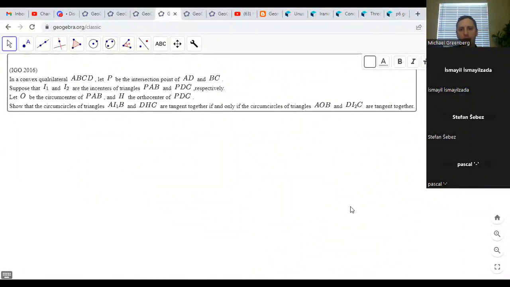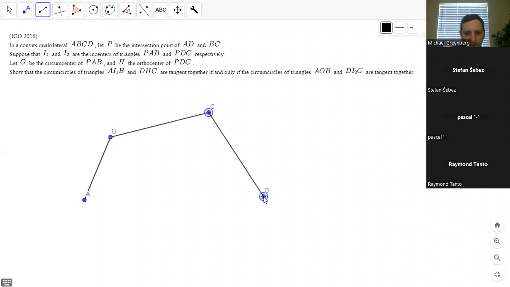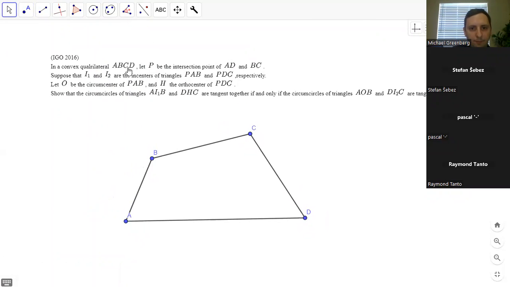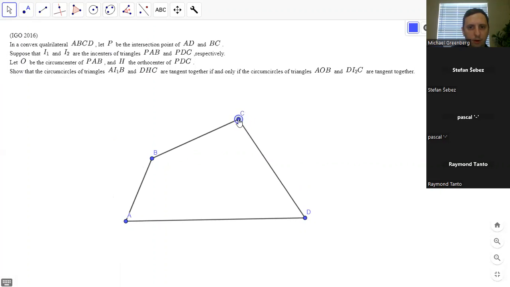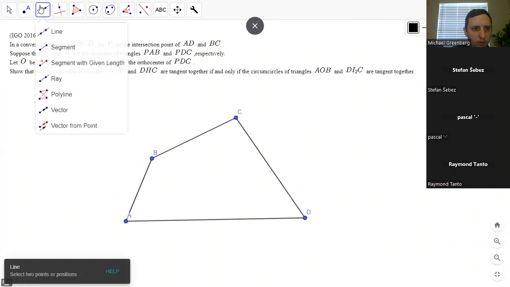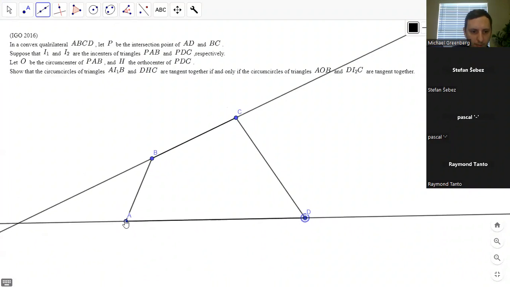This is from the Iranian Geometry Olympiad. So we have the quadrilateral ABCD, and P is the intersection of AD and BC. And we have two incenters. So this is like an if and only if problem. I'm not sure if we could draw an exact diagram, but let's see. I'm going to make these lines and not rays just yet.